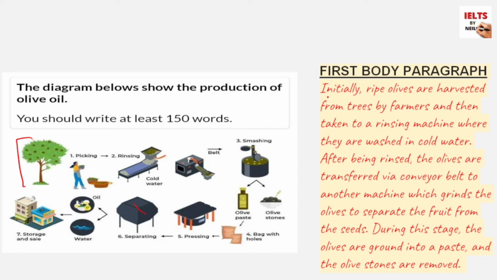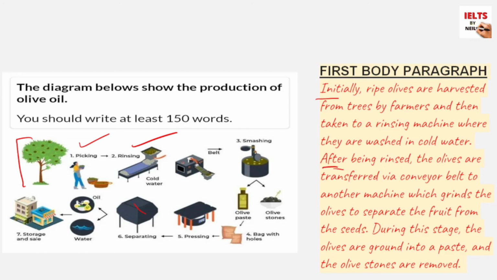So initially, ripe olives are harvested from the trees by farmers. So first step is done, and then taken to a rinsing machine where they are washed in cold water. Rinsing machine, that is done. After being rinsed, see, I've used this sequencer here.